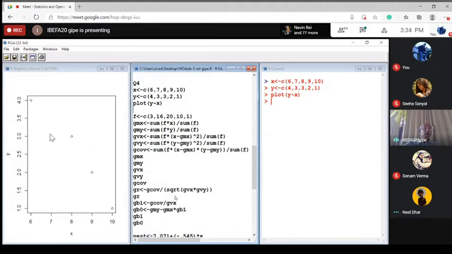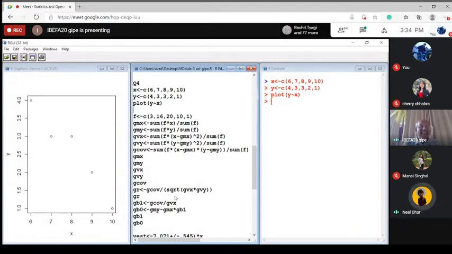Left top point, how many times? 3 times. 7 and 3, how many times? 16. 8 and 3, 20 times. 9 and 2, 10 times. 10 and 1, 1. So this is a scatter plot. Indirectly 50 values are there. Sir, but the computer does not know this yet.